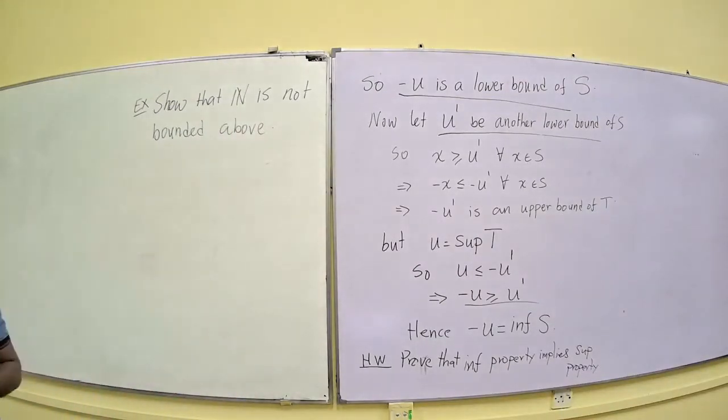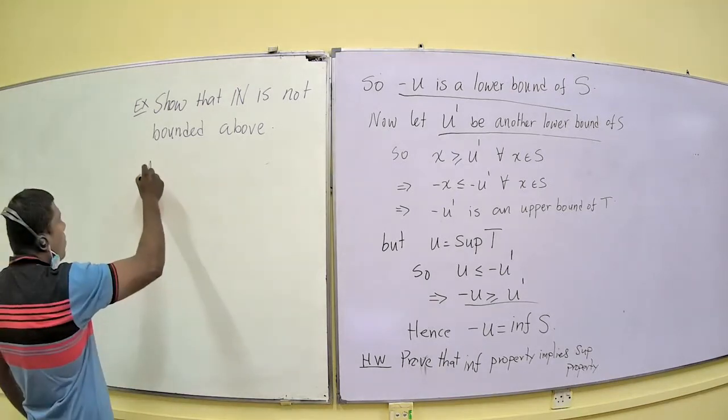And so show that the set of natural numbers N is not bounded above. So what we are going to do is prove this by the method of contradiction.